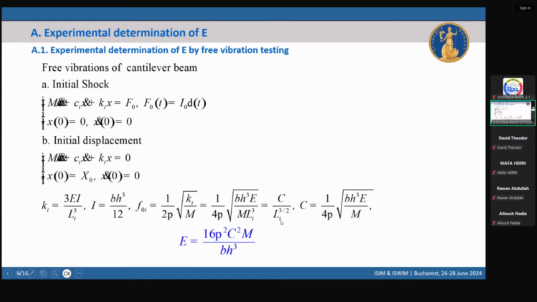This is a law that must be fulfilled through the measurements, and we determine this coefficient C, and from C we evaluate the Young modulus value.